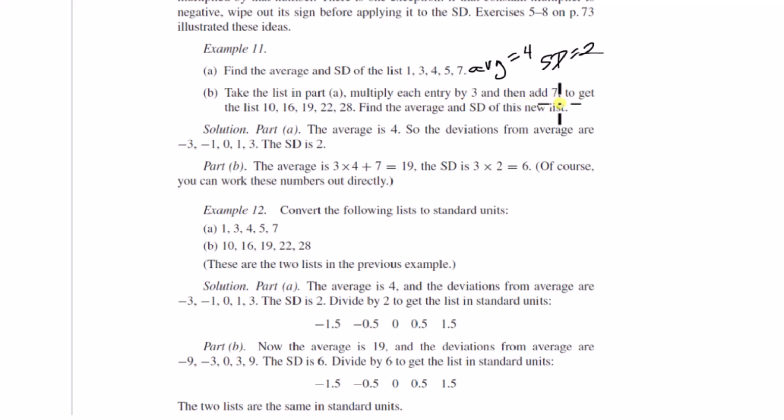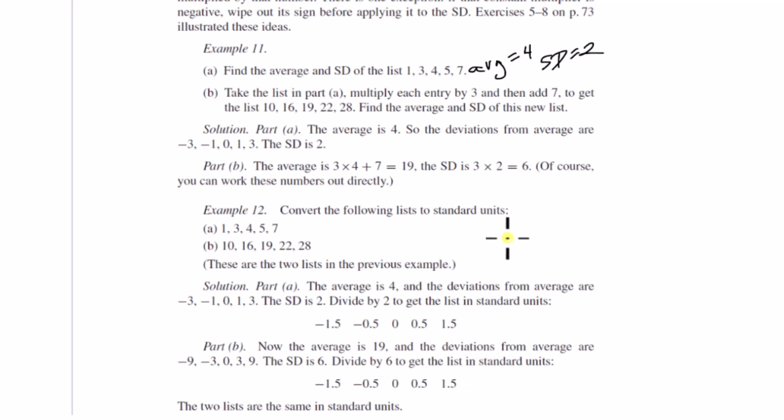Then if you compared these two lists, the final list would be every entry multiplied by -1. That's the only difference. Now, if you multiply by -3, then add 7, and then multiply by -5, then you would get the same standard units list at the end, because you first multiplied this list by -1, and then you multiply by -1 again, so you get the same list back. But still, in general, you can see that you're not changing the standard units for the most part.